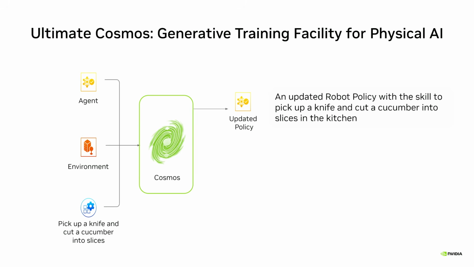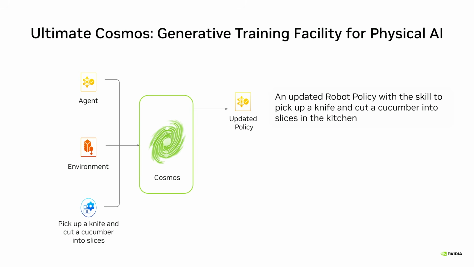But through this generative training facility, we send the agent to many kitchens, with the tool to do the task. And after some training, we come out with an agent that can do this. An updated robot policy with the skill to pick up a knife and cut a cucumber into slices in that kitchen.